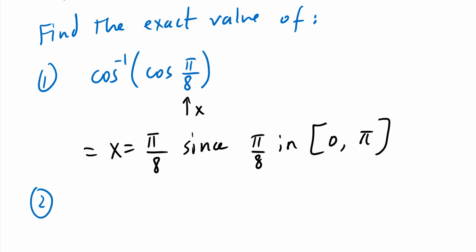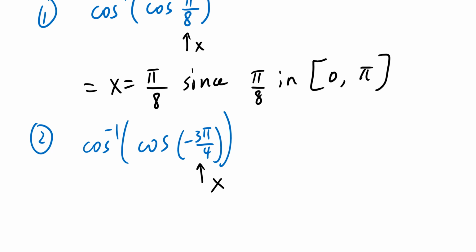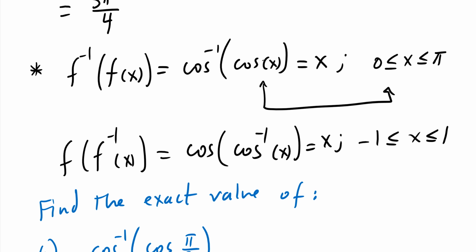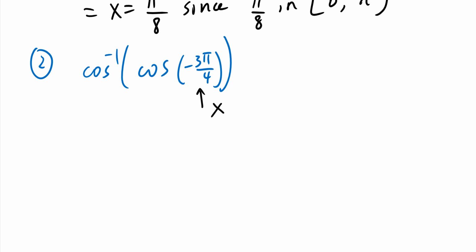What about another example? Number 2. Cosine inverse of cosine of -3 pi over 4. This is the x value. Does it look like the first or second? Looks like the first. X must be between 0 and pi in order for us to use this property. So does x fall from 0 to pi? Well, it's not. It's somewhere in the negative.